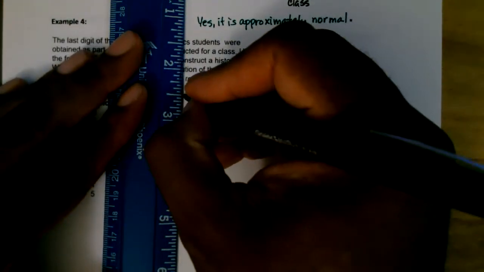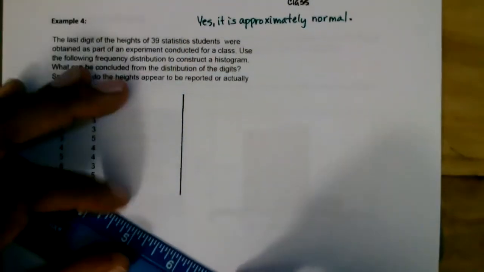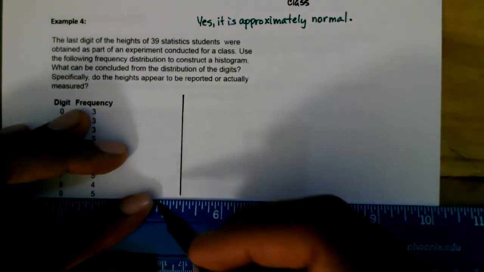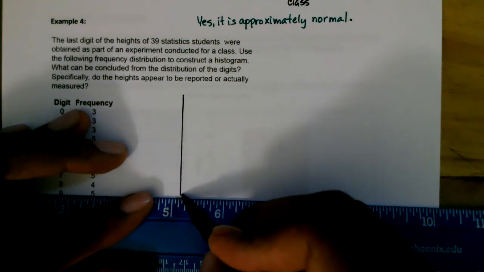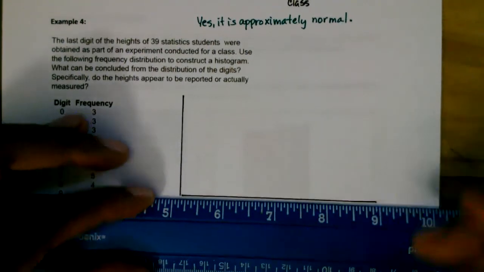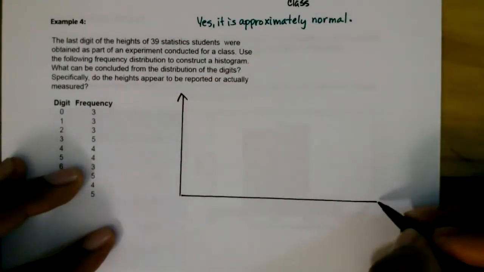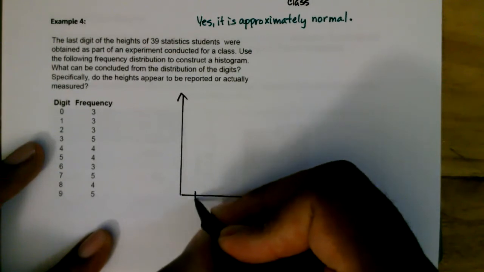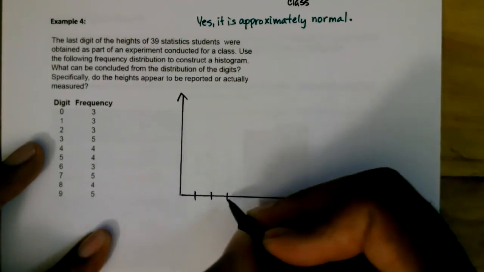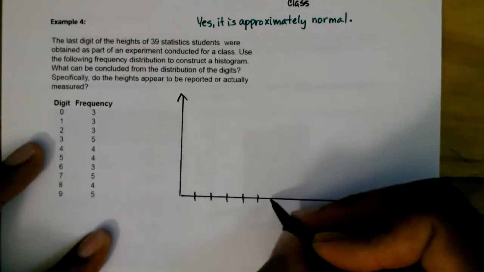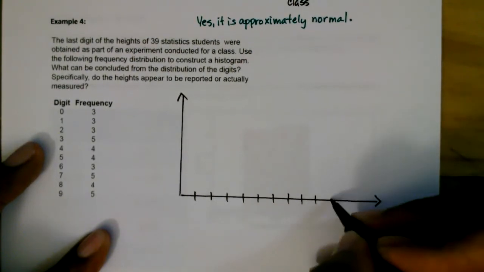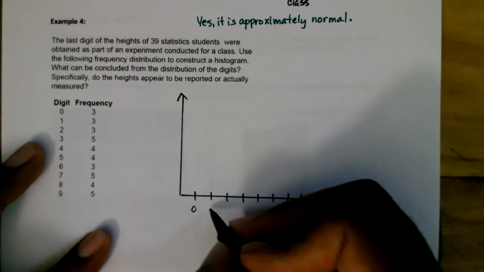So I'm going to draw a vertical and a horizontal axis. There are 10 digits from 0 through 9. So this will be 0, 1, 2, 3, 4, 5, 6, 7, 8, and 9.